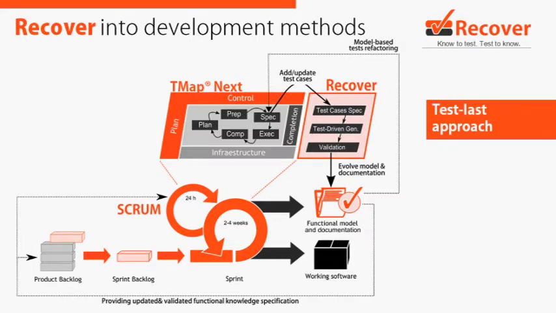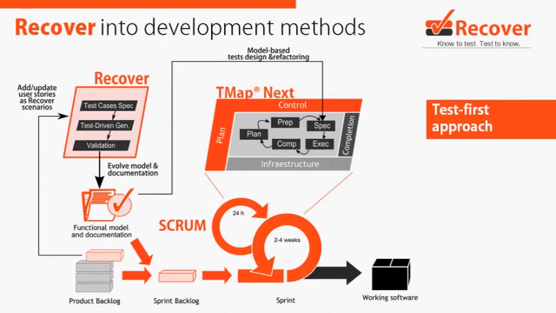We also provide the piece of functional model and documentation that is required for developing this part of working software. This is in a test-last approach, that is, at each sprint we recover some functional model and documentation for maintenance, for transformational projects, or for other work on the system.